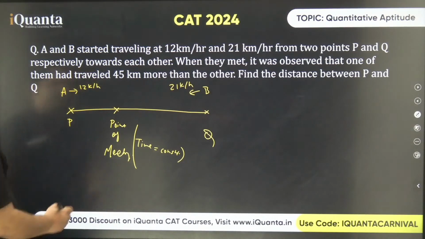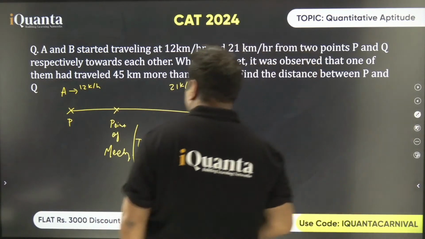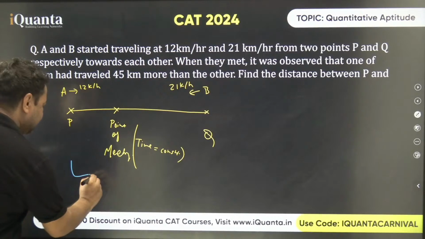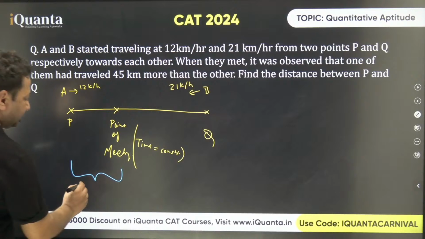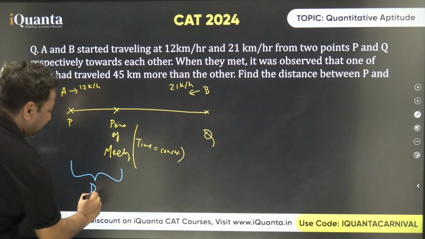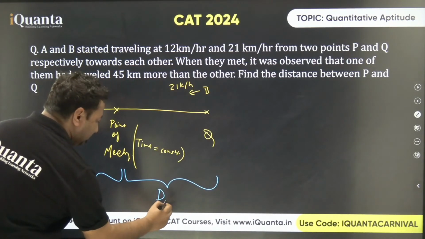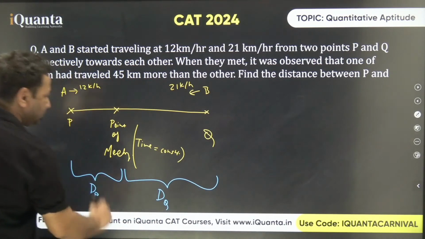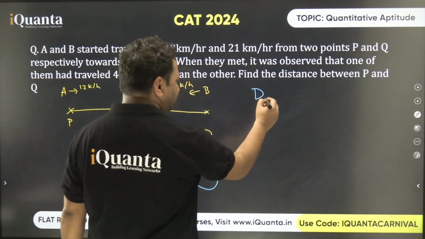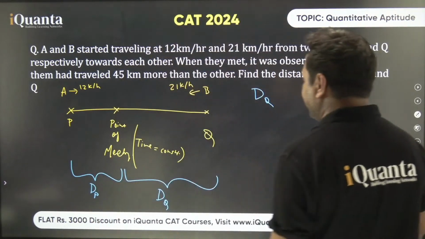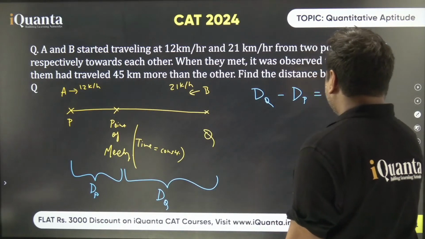So if I assume this distance, P to point of meeting, to be equal to, let's say, dP, and this distance to be equal to dq, then it's given in the question that one has traveled 45 kilometer more than the other. That means dq minus dp should be equal to 45, isn't it?